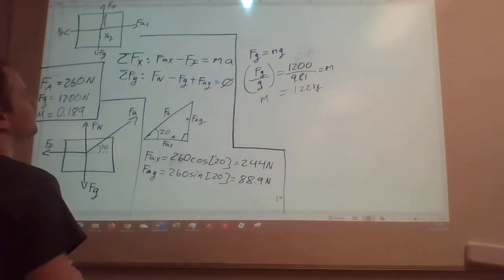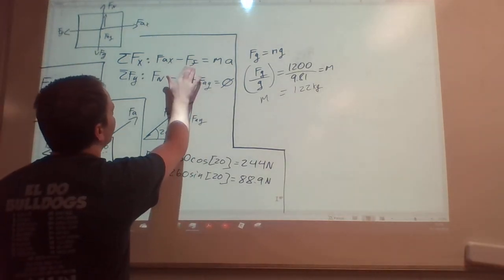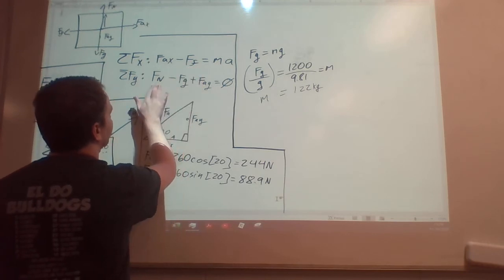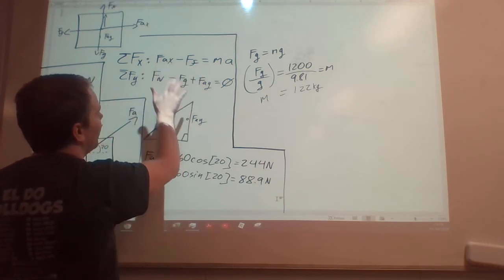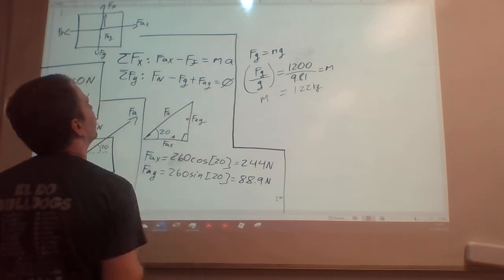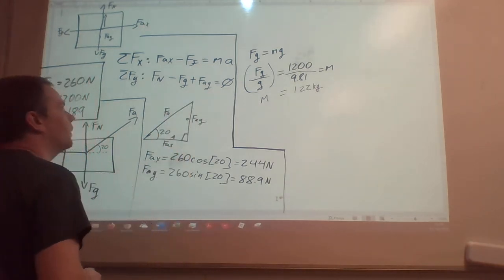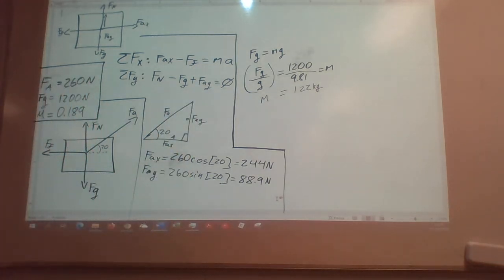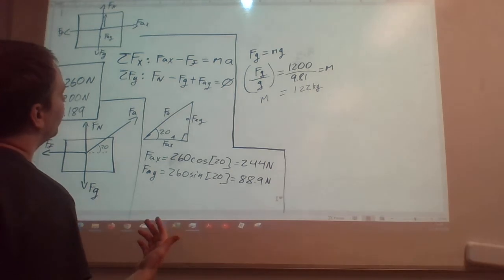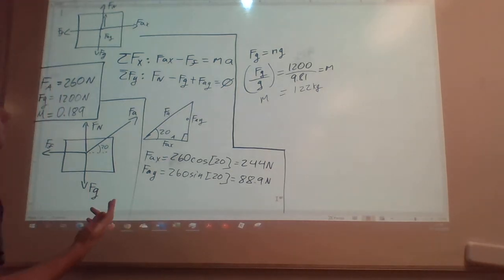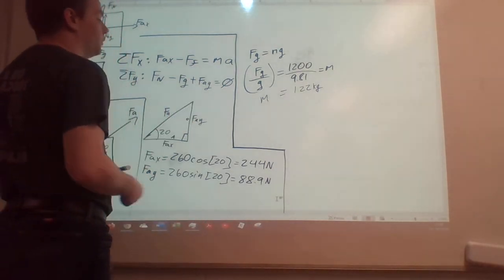So now, we don't know our force of friction, we don't know our normal force. We do know FAX, we know FG, and we know FAY. So we need to do some substitutions here. Now, we know that the force of friction is equal to the normal force times the coefficient of friction, which is also known.